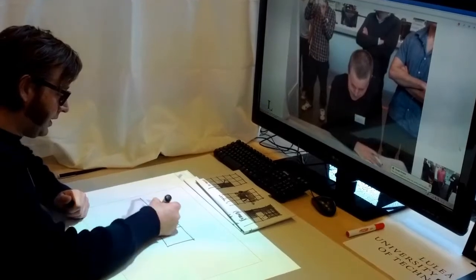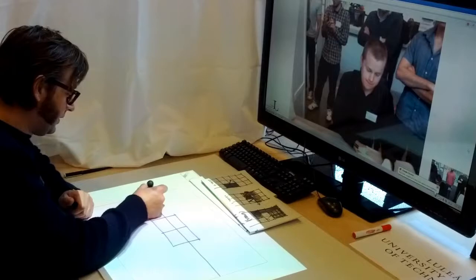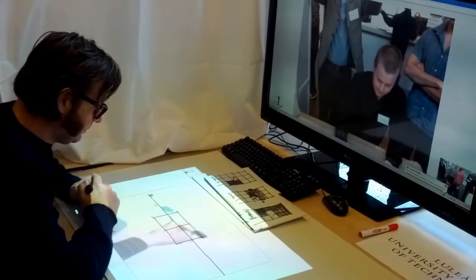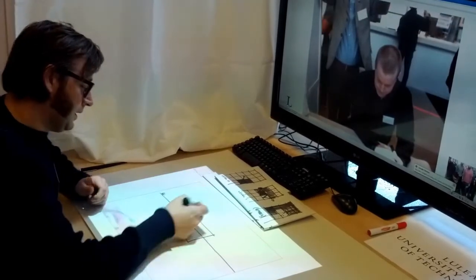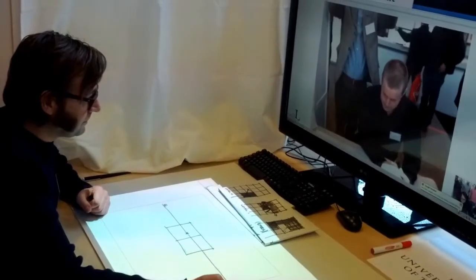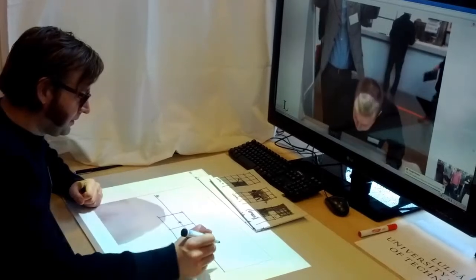And then you need this line. This is your horizon. And then this is your vantage point. You draw it here.